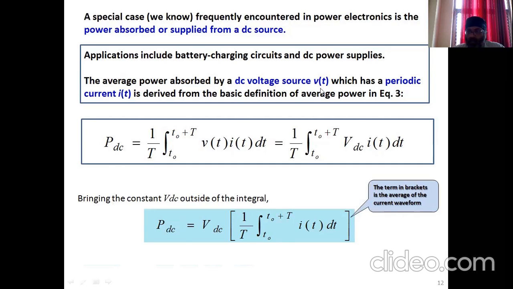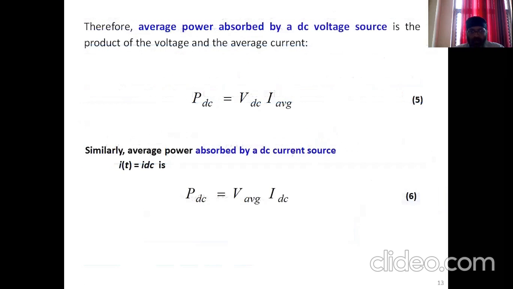So for a DC voltage source, we already know that if we are dealing with periodic signals, which can be a periodic voltage waveform or periodic current waveform, we can easily find the DC value of power, which is just calculated using the average value of power. Another way of saying it, the average power absorbed by a DC voltage source: if we have a DC voltage source, what is the average power?